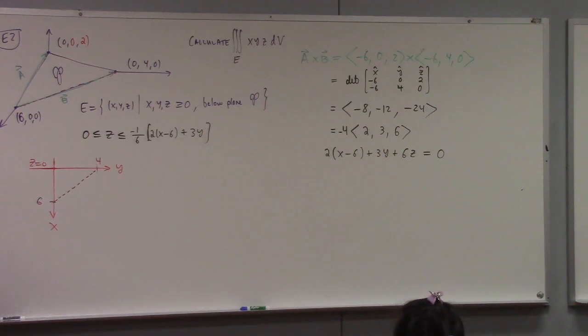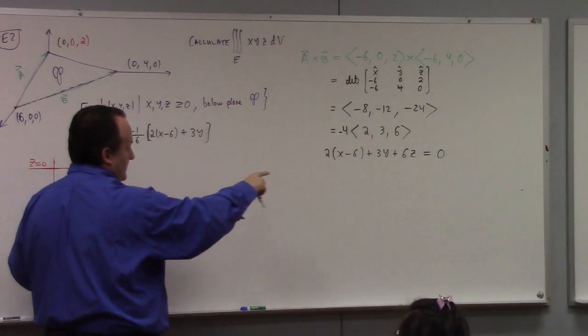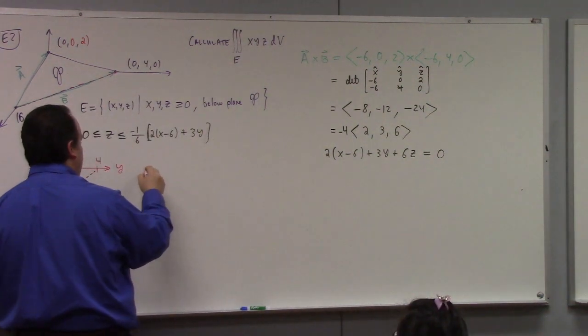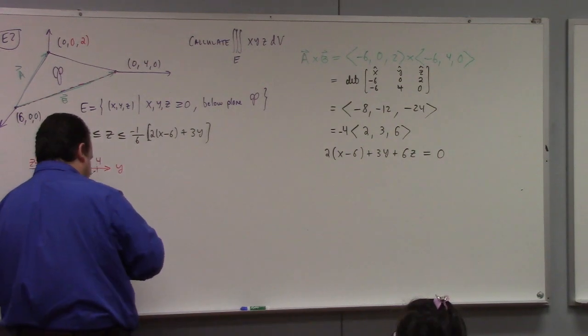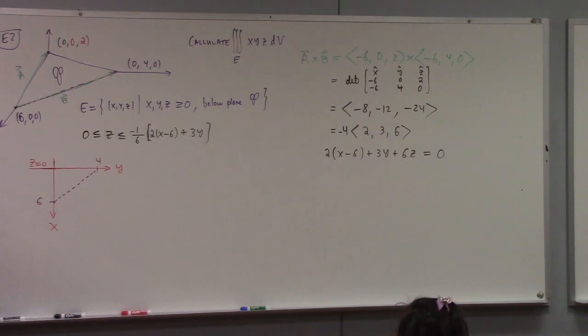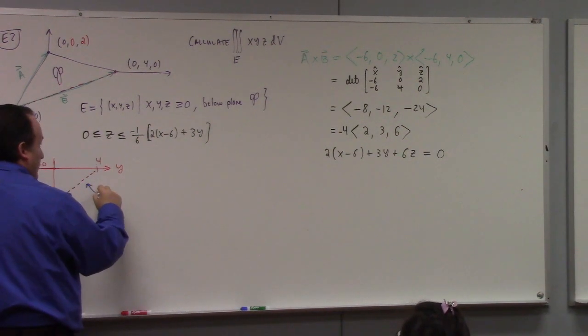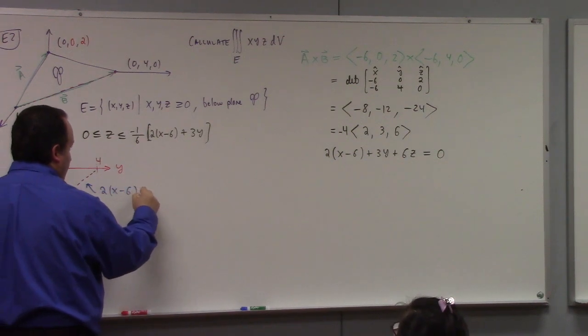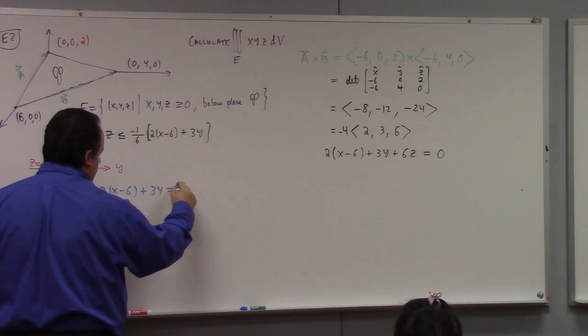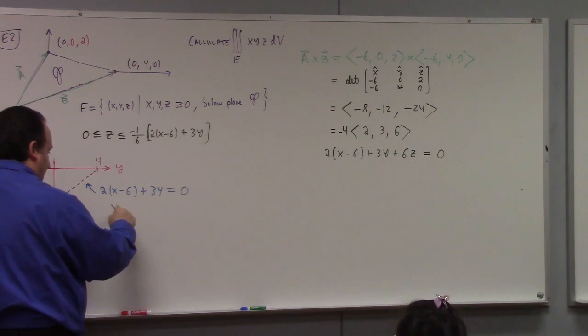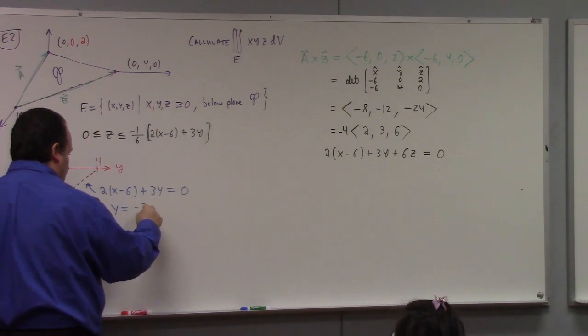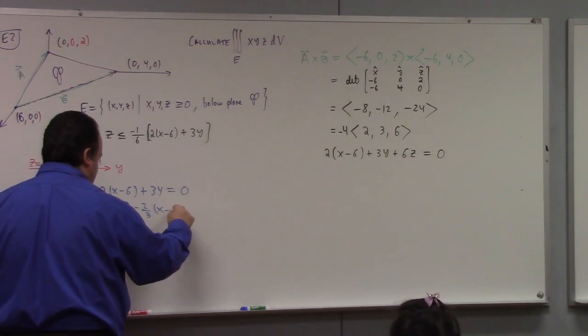So z equal to 0 gives me 2 times x minus 6 plus 3y equal to 0, which we could solve for y equals minus 2/3 x minus 6.